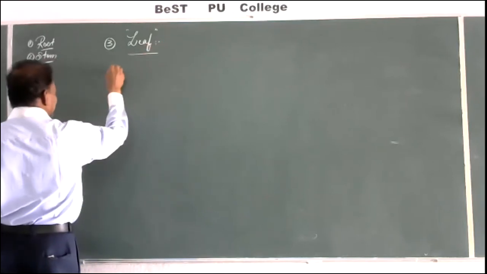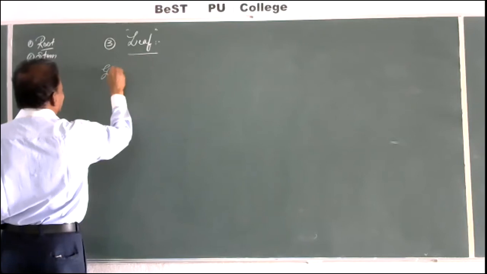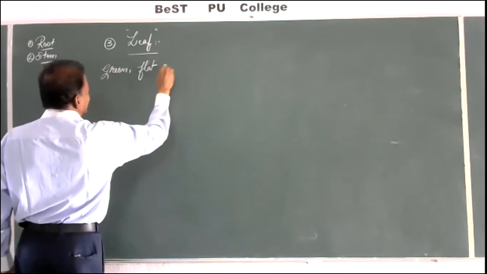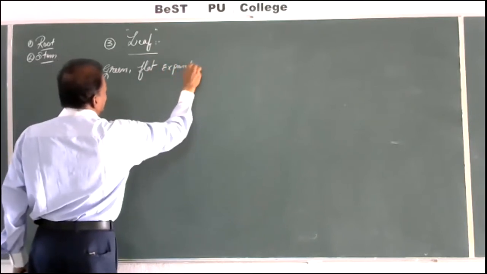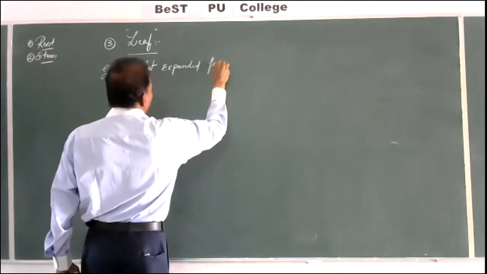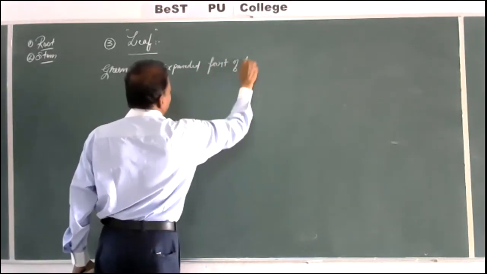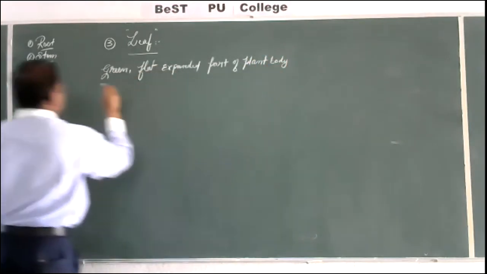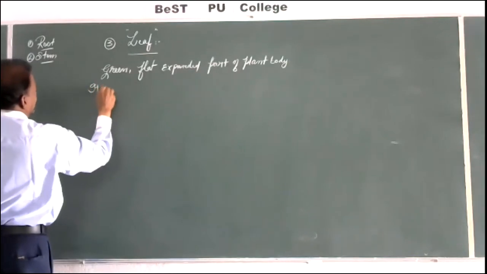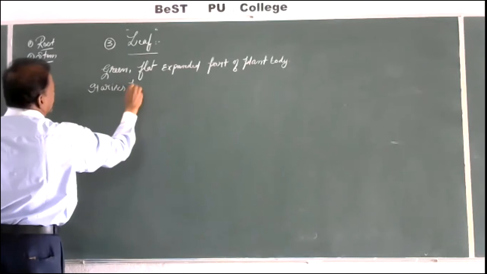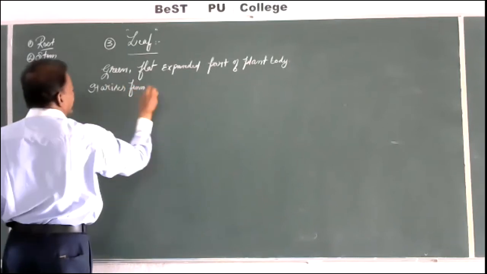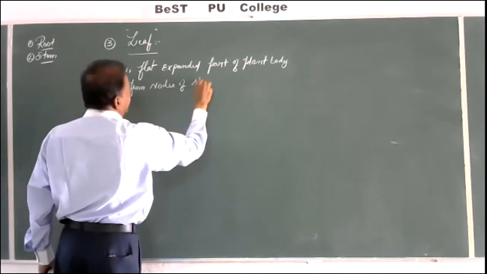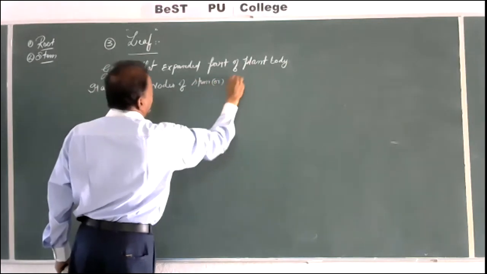Leaf is generally a green, flat, expanded part of plant, it arises from nodes of stem or branches.